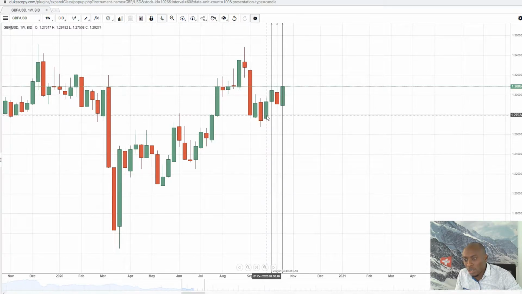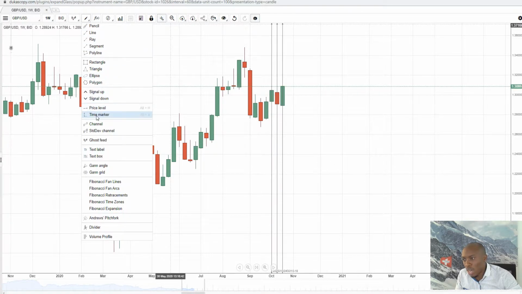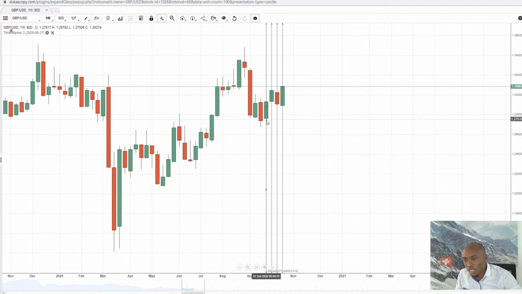Since October 1st. So from October 1st, we have a bullish move for the British pound USD. So for the last 4 weeks, since October 1st up to this present moment, 23rd of October, the British pound USD is moving in an uptrend. That's what I will say.